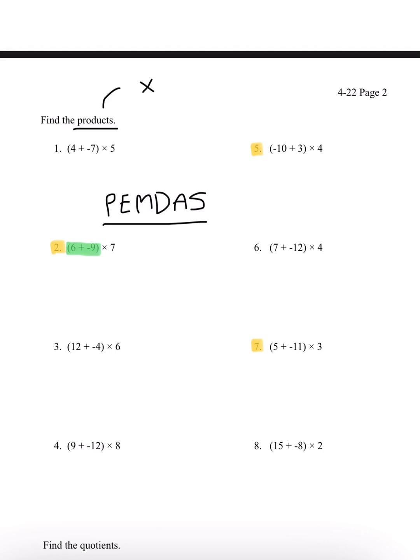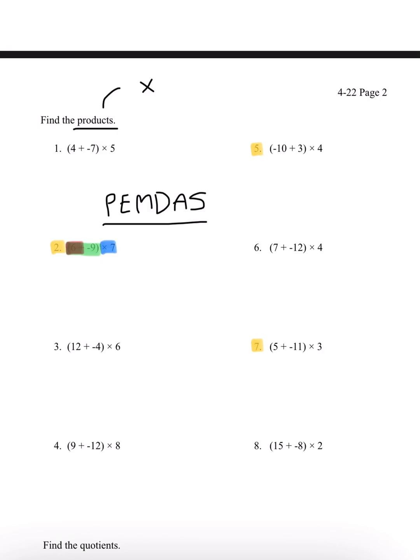M is for multiplication, which we have right here. D is division, which we don't have. A is addition, which we have right here. And S is subtraction. So first we have to do P, which is parentheses, which is our green. So 6 plus negative 9.